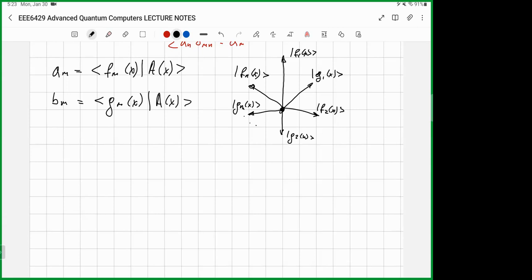I draw this picture on the plane, so I cannot represent that these vectors are orthogonal.